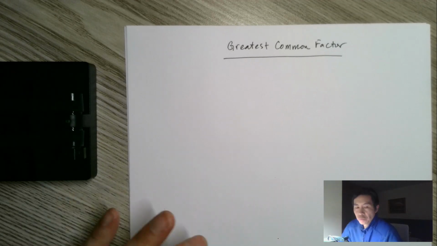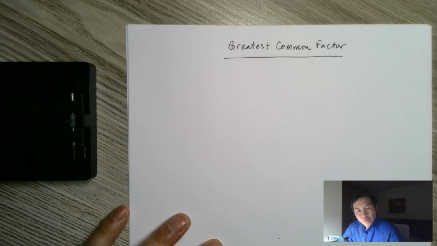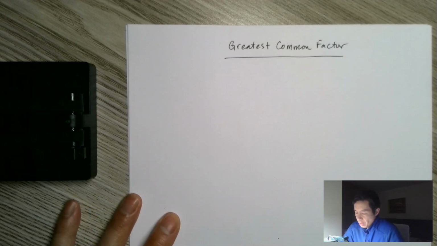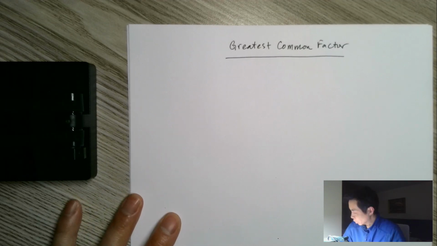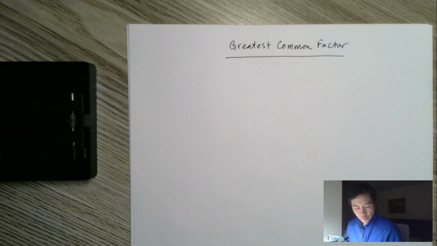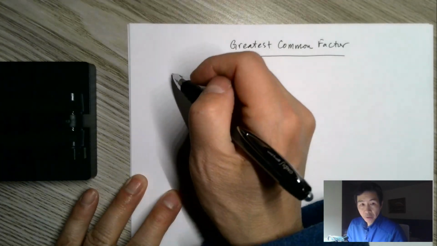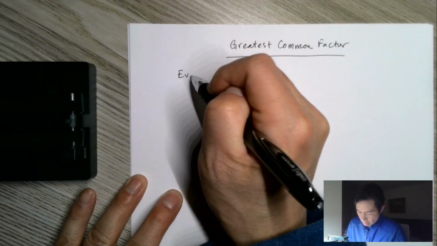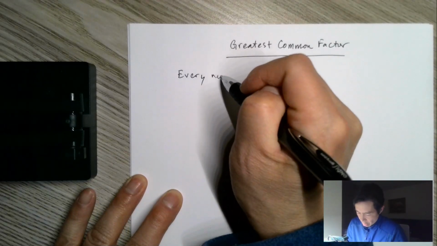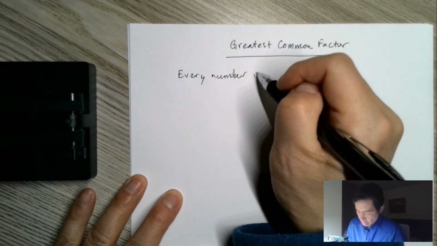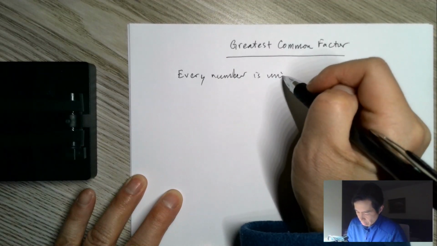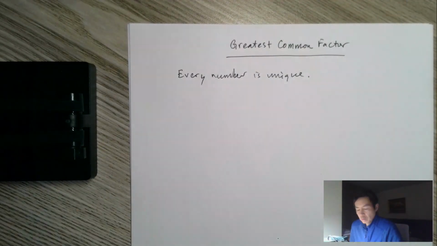Now, some of you may have never done a factor tree before, so I'm going to show an example of one. So why do we do factor trees? We do factor trees because every number is unique, just like every person is unique.